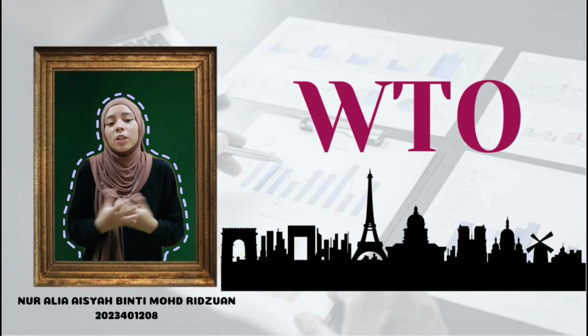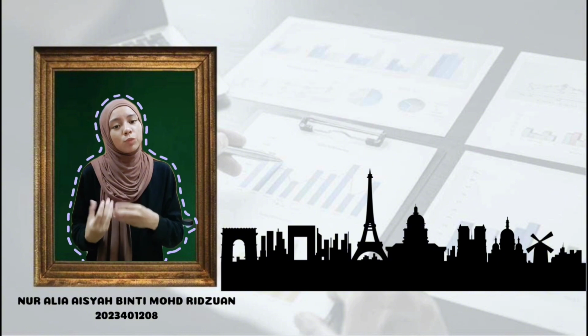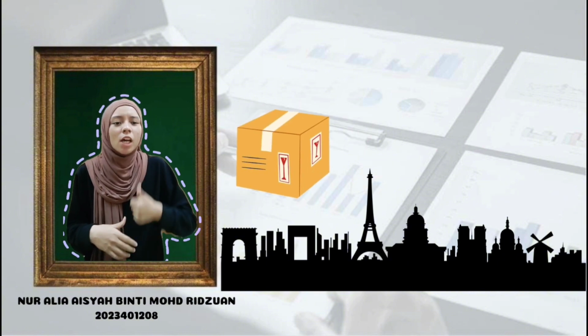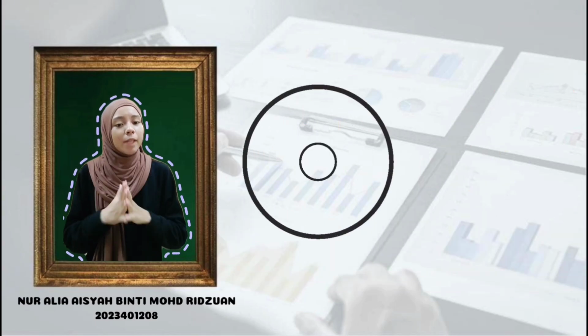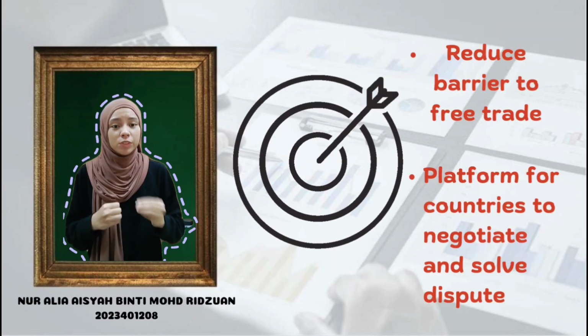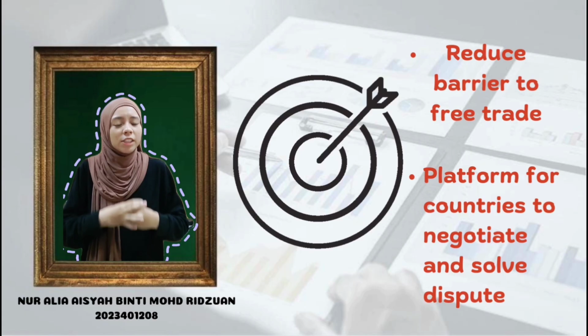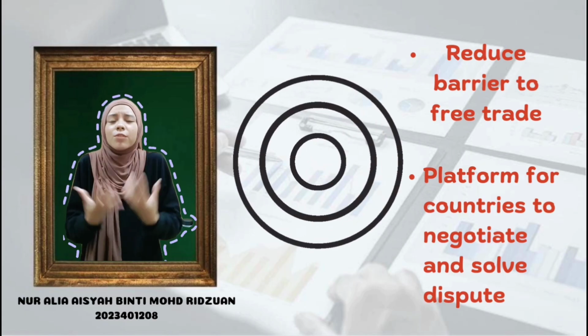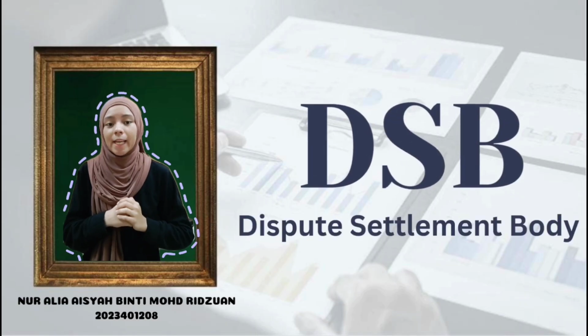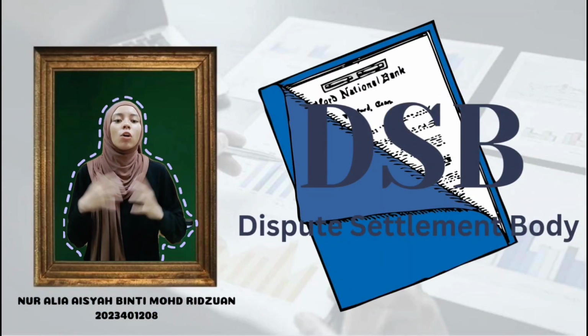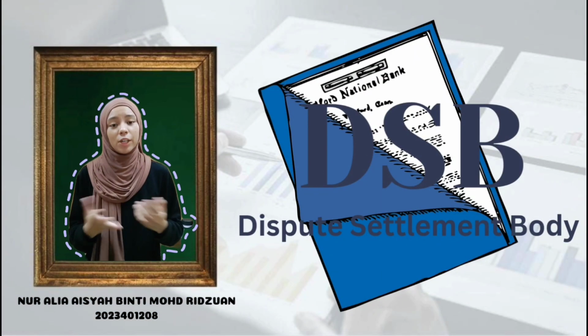WTO is a global organization that regulates trade between countries that covers goods, services, agriculture, and intellectual property. Its main goal is to reduce barriers to free trade and provide a platform for countries to negotiate and resolve disputes. Through the dispute settlement body, which is called DSB, countries can file complaints when trade rules are violated.